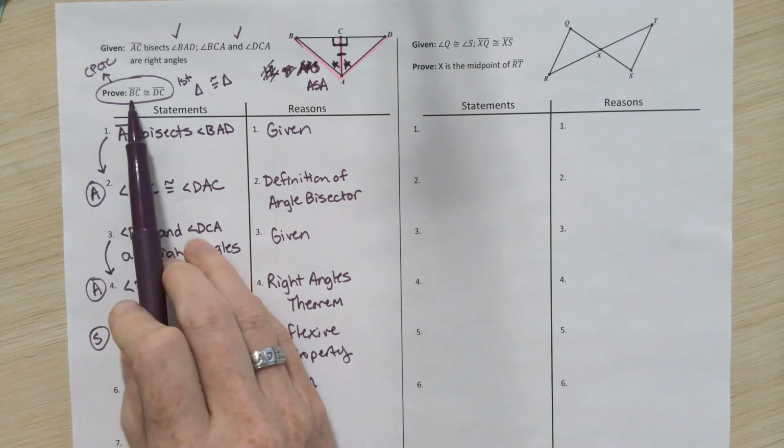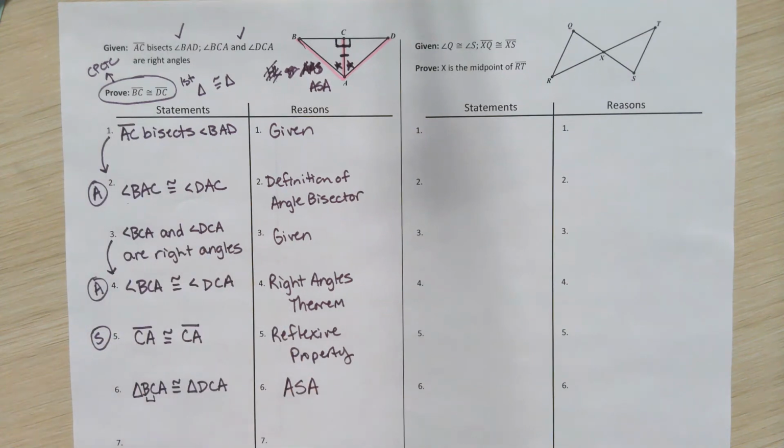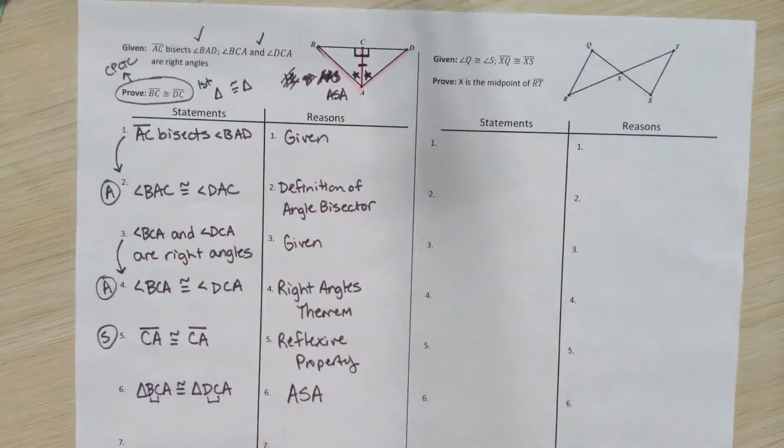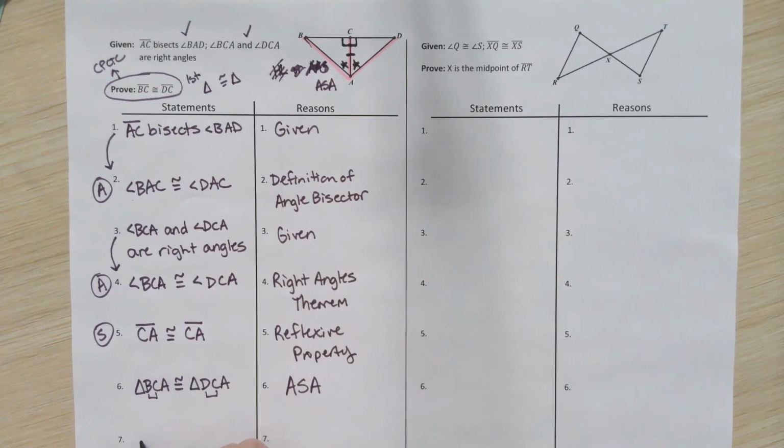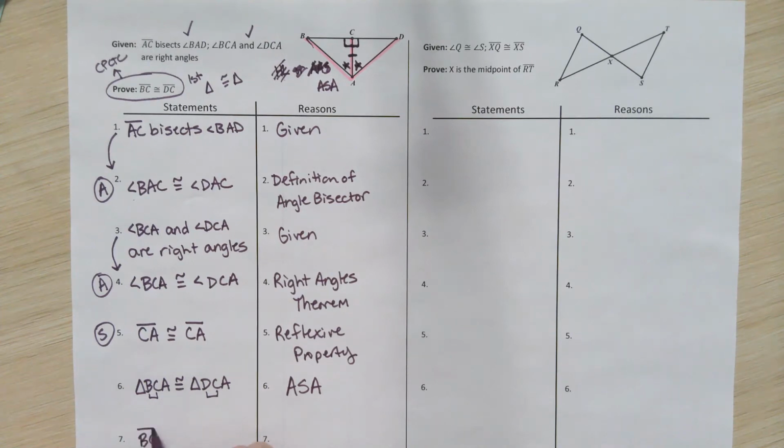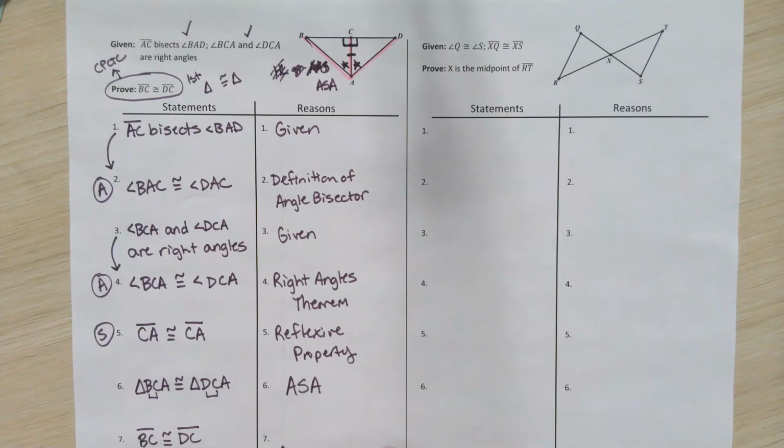Now let's see if we can finish it out. Does BC correspond to DC? Sure does. So we're able to take our proof statement and fill it in. Segment BC is congruent to segment DC because corresponding parts of congruent triangles are congruent. CPCTC.